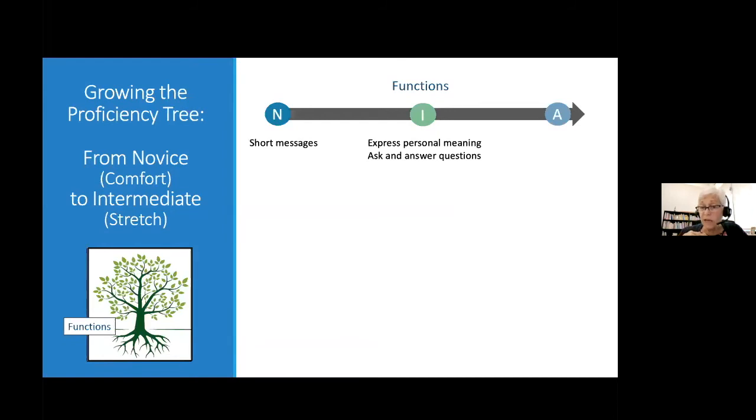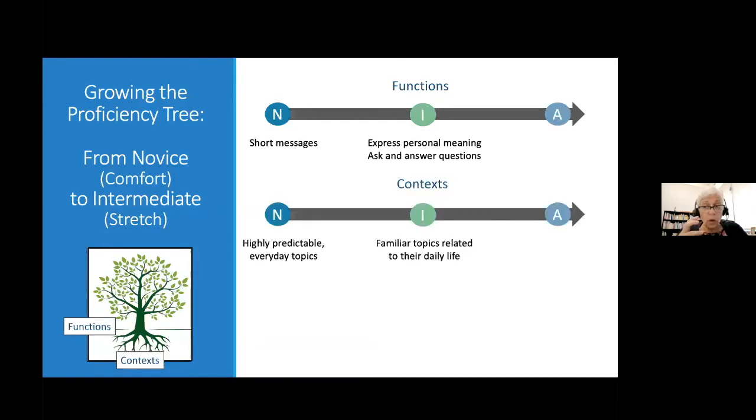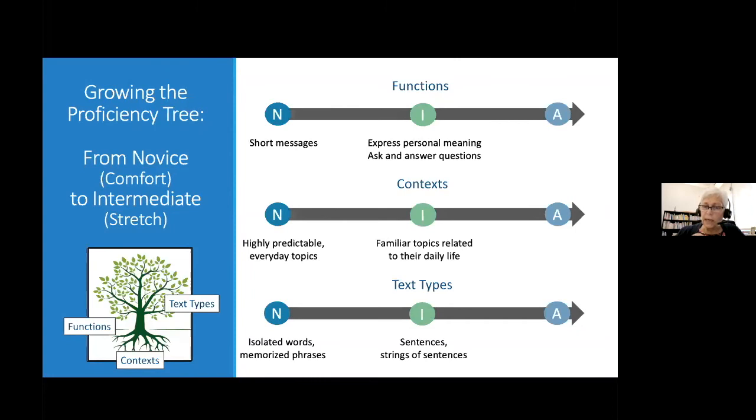In terms of context, our novices can work in those highly predictable everyday topics, and we want to move them into being able to work with familiar topics that are related to daily life. And in text types, we want to move our novice learners from their comfortable place of using isolated words and memorized phrases to being able to use sentences and strings of sentences.